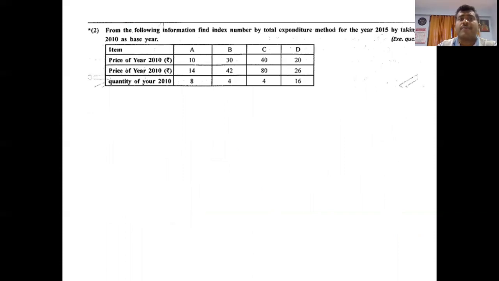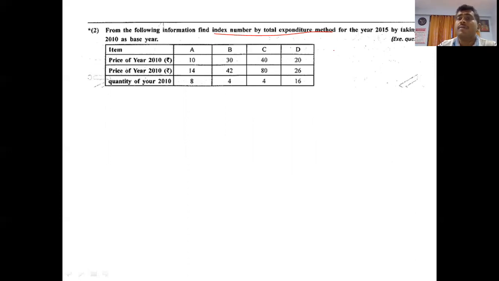Now they are asking: from the following information, find the index number by the total expenditure method. Now this question is very clear to us that we have to use the total expenditure method. But in the total expenditure method, we can use two formulas, that is Laspeyres as well as Paasche.